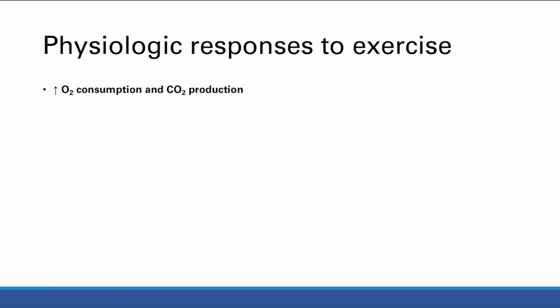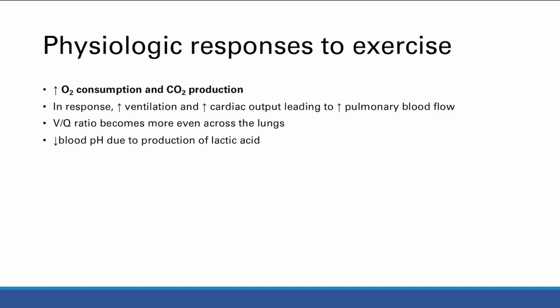So now we move on to exercise and what happens there. When we're exercising, we're increasing oxygen consumption and we're increasing CO2 production. Okay, what's going to happen? Ventilation and cardiac output both increase, leading to increased pulmonary blood flow. That's obvious. The VQ ratio will then become more even across the lungs.